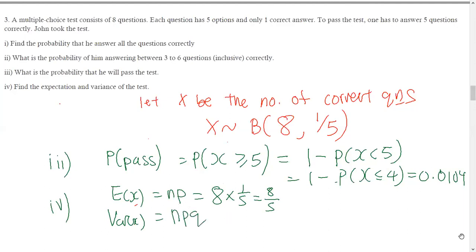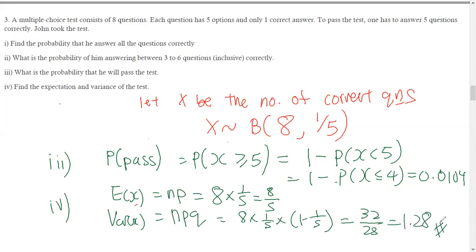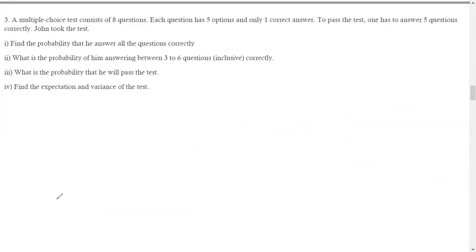Take note, what is your q? q is 1 minus p. So this is 8 times 1 over 5 times 1 minus 1 over 5. This value here will be 32 over 25, and this will be 1.28. So again, another simple question to build the basics. Let's move on.